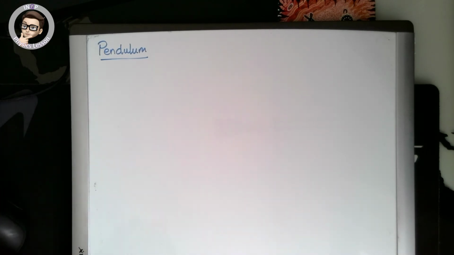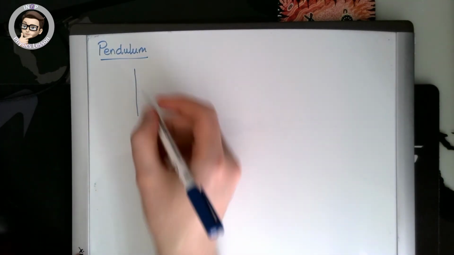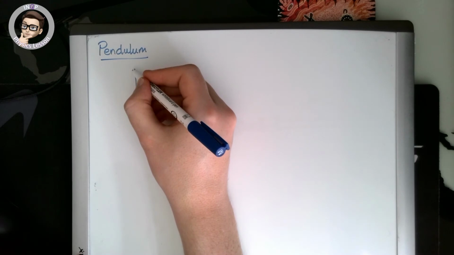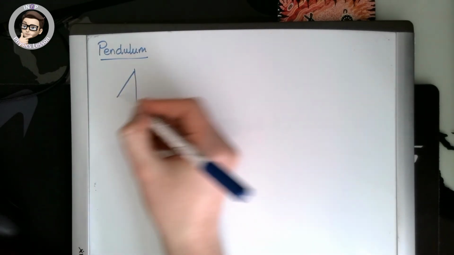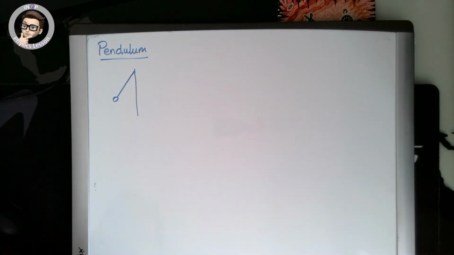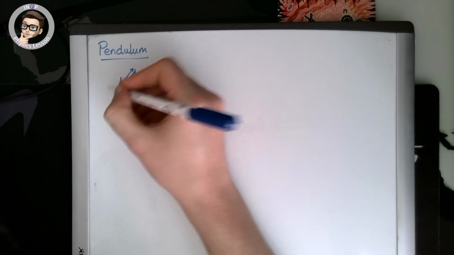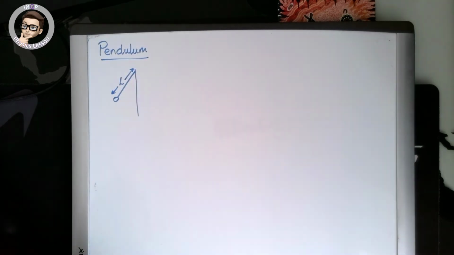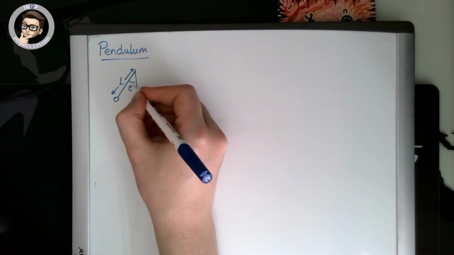Okay, so proving that pendulums can also remain in simple harmonic motion, we're going to start with a diagram to explain it. If I have a pendulum at some part in its swing, we'll call the length of the pendulum wire L, and we'll call the angle theta.